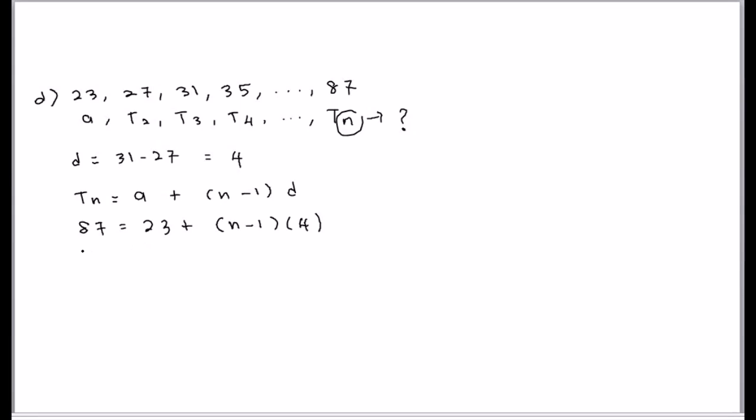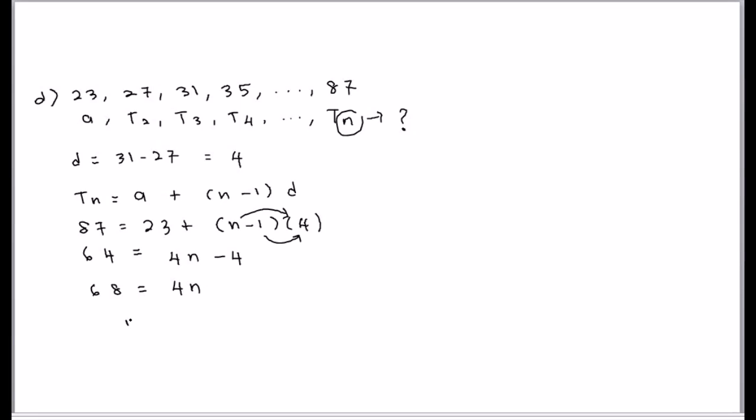Okay, move 23 to the other side, it will become minus. 87 minus 23 equals 64. N multiplied by 4, we get 4n. Negative 1 multiplied by 4 is minus 4. Okay, move negative 4 to the other side, it will become plus. 64 plus 4, we get 68 equals 4n.